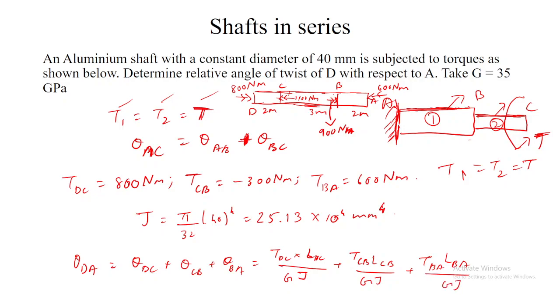So TDC here is 800 Newton meter. In terms of mm, it should be 10 to the power of 3, and the length is 2000 mm. GJ is constant, so I will write GJ in the denominator. And this is positive.